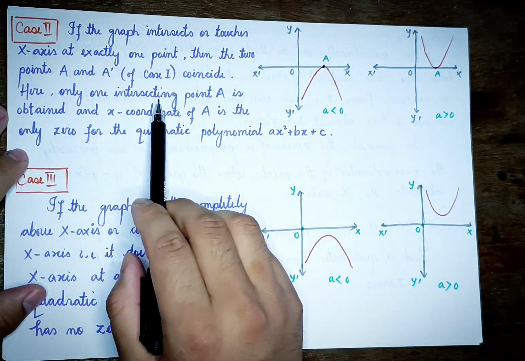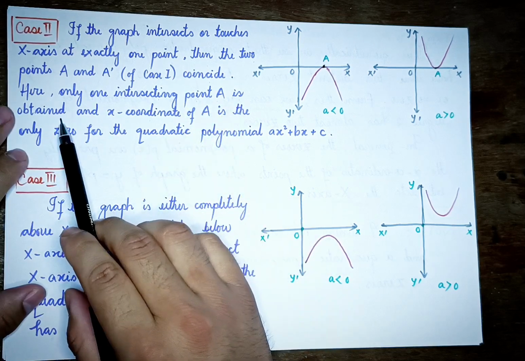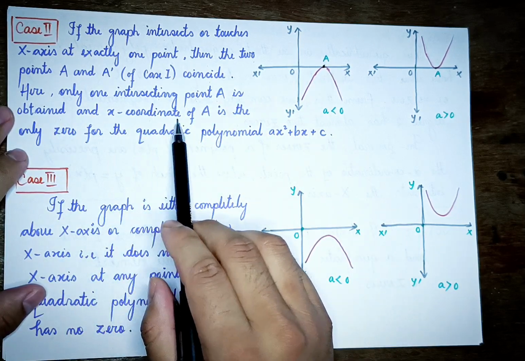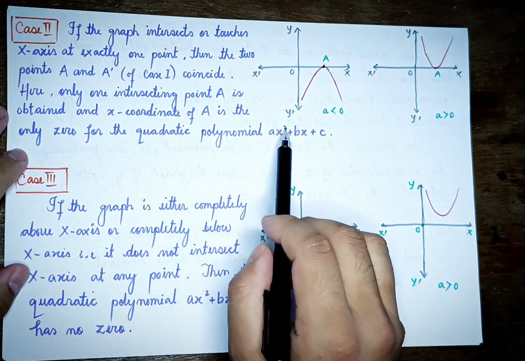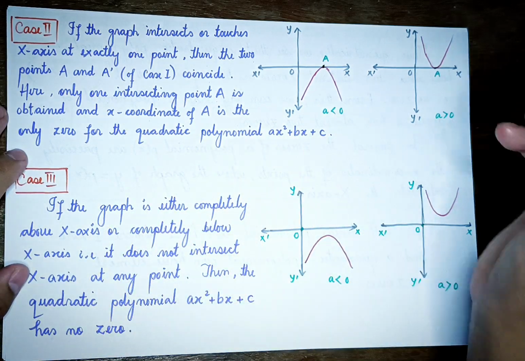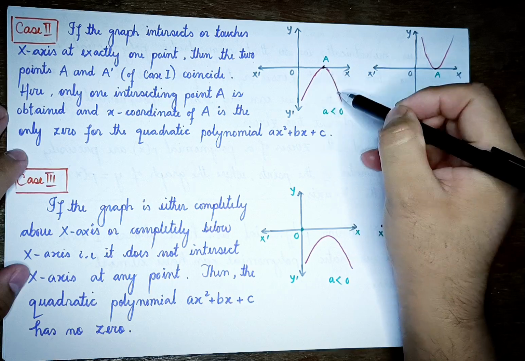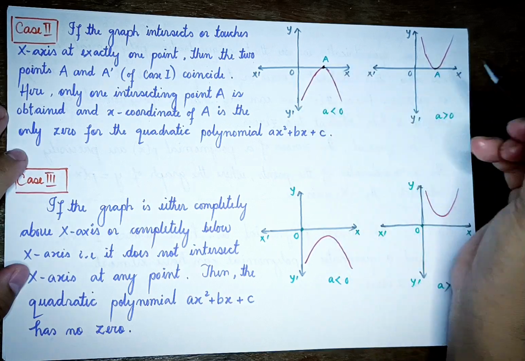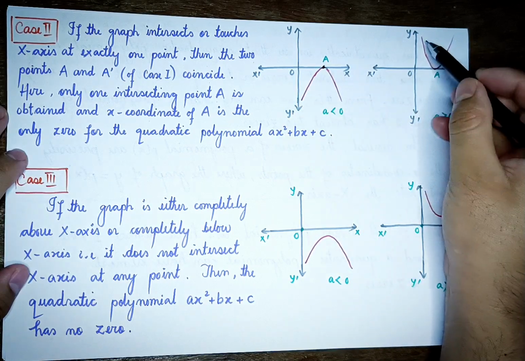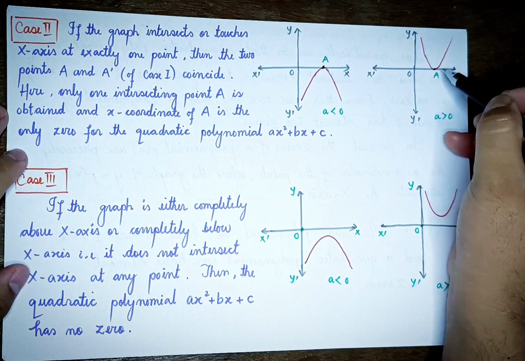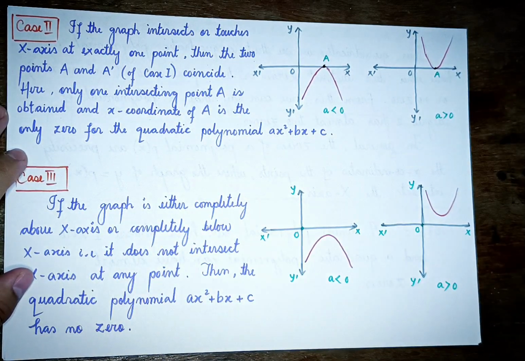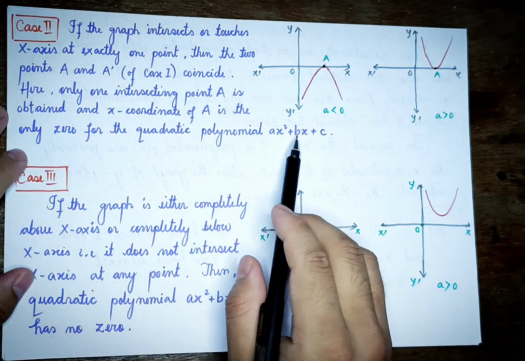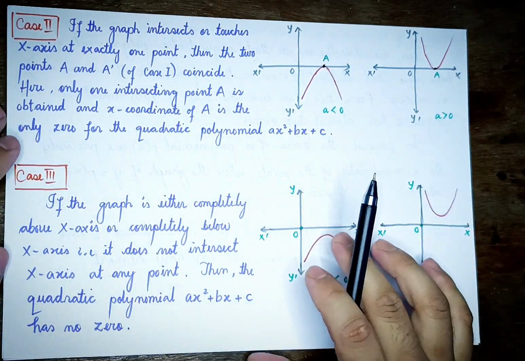The x coordinate of A is the only zero of the quadratic polynomial ax squared plus bx plus c. Here this graph and the x-axis intersect at only 1 point, and also here. So in case number 2 the quadratic polynomial has only one zero.